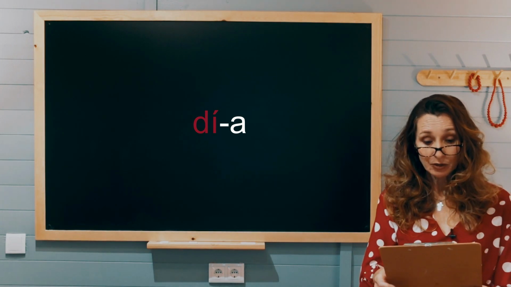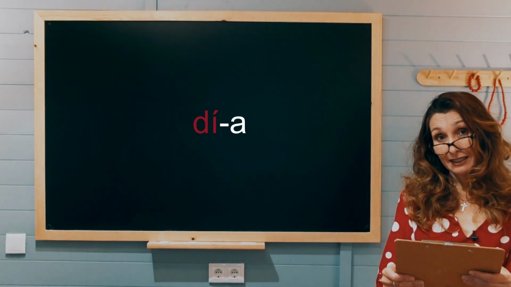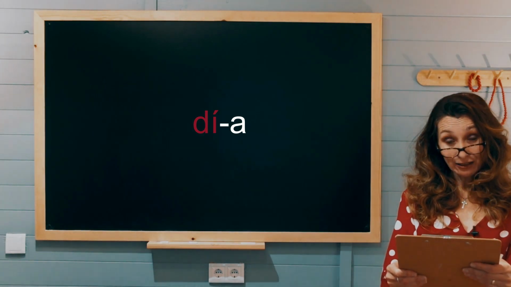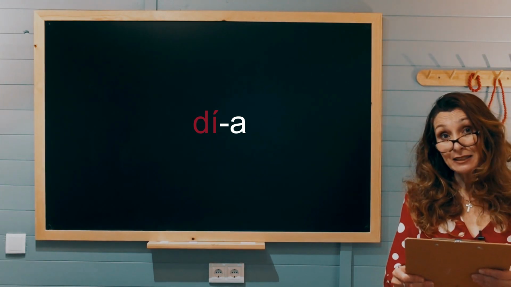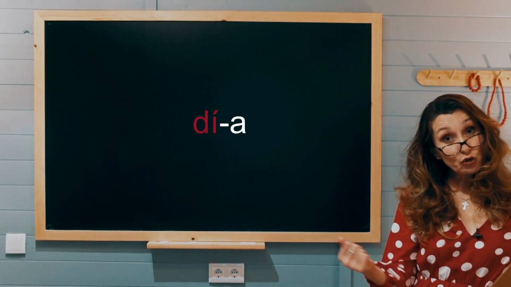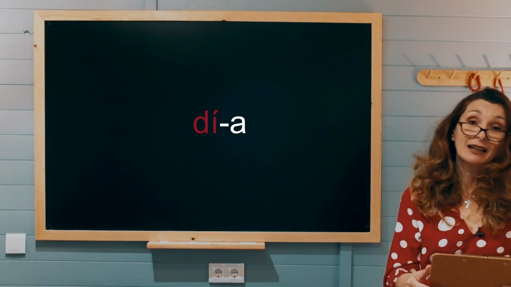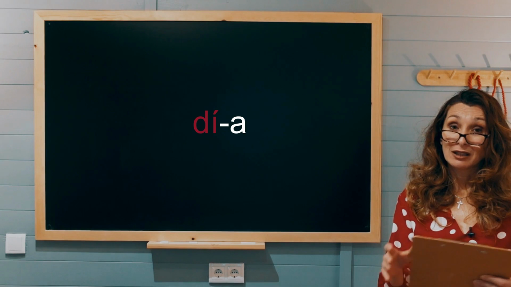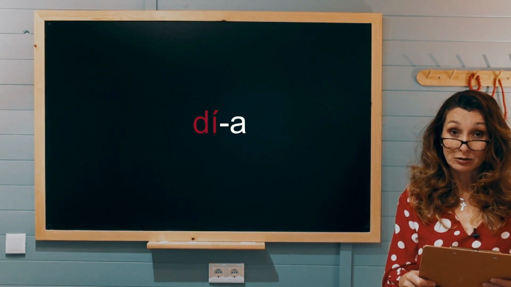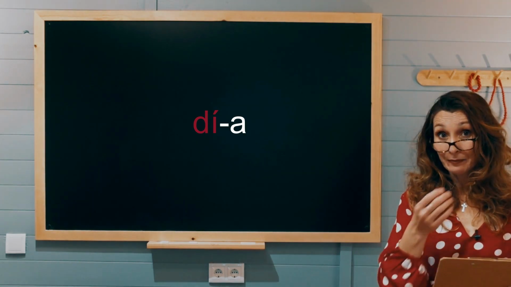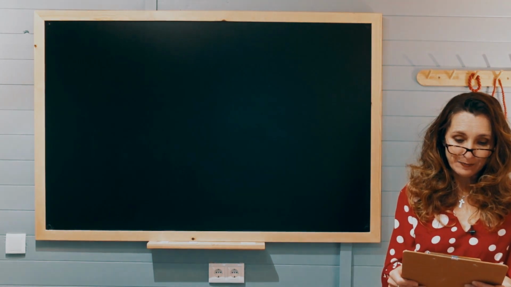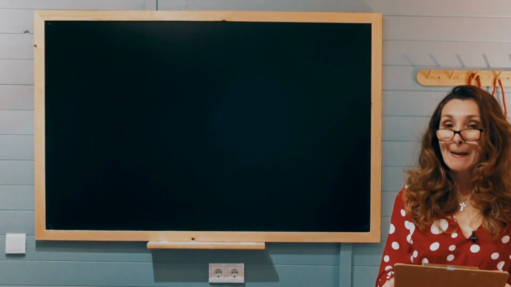Okay? So we have a tilde on the I, and this strong I is now a separate syllable. So we have dí, a. Okay? Okay, let's keep going.